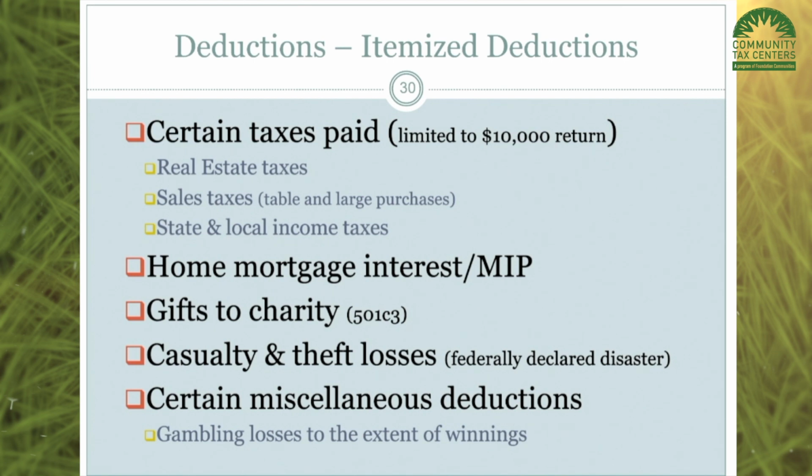So they need to find some expenses listed on here, and it needs to total more than the $12,950 for me to want to use that deduction on the tax return. The higher the deduction, the less taxes that they're being paid on. So these are some dollar for dollar, certain taxes paid, and it's limited to $10,000 on the return.